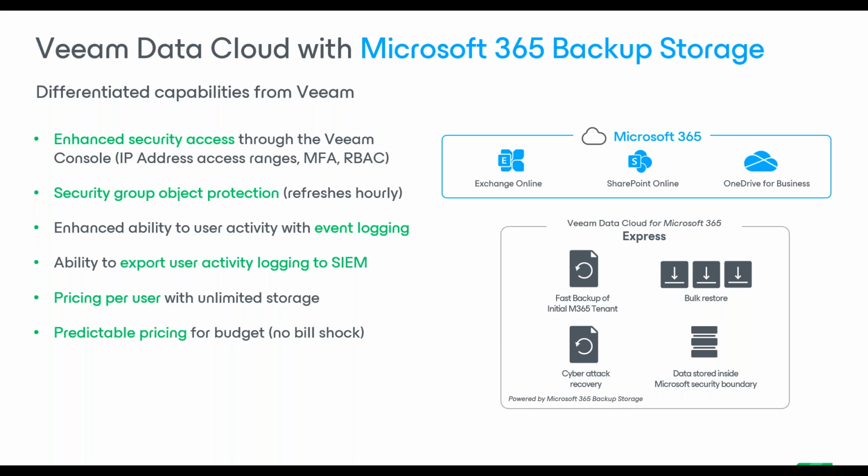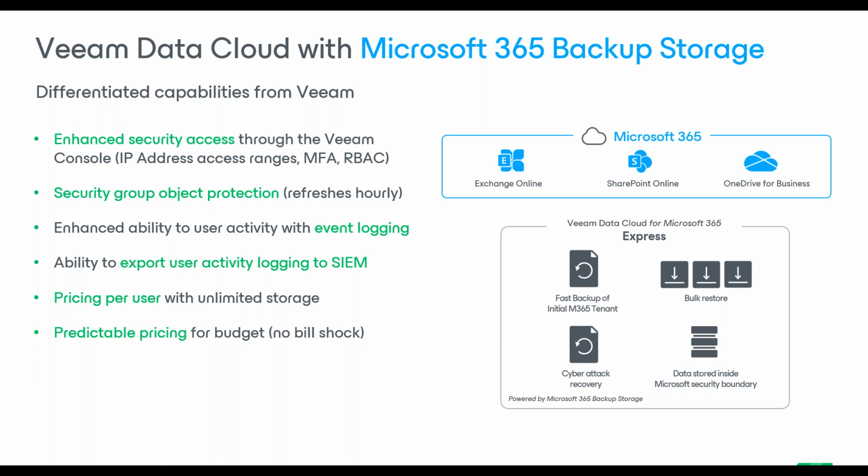There are a lot of these capabilities built into the Veeam Data Cloud, and we were able to layer in the Microsoft 365 backup storage. Veeam is able to inherit this capability as well.